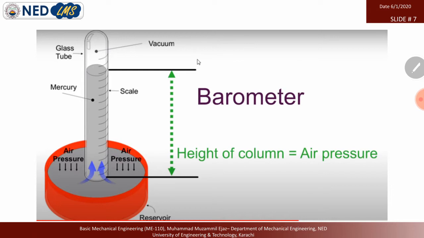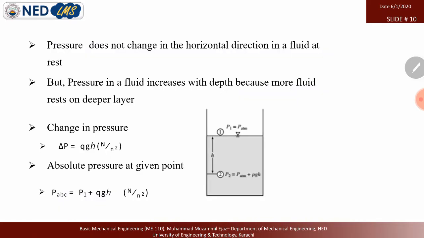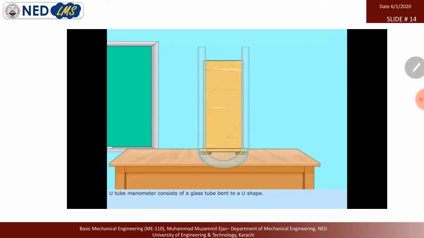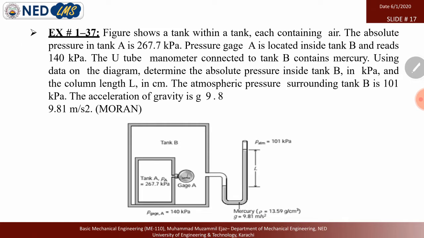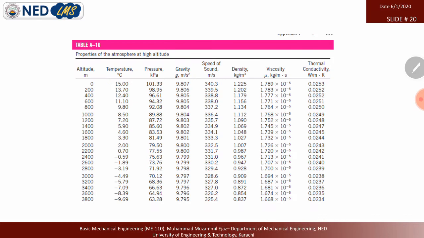Let's say the barometer of the plane shows a reading of 0.87 atmospheric; we can correlate this pressure with the ASI index and get the height of the plane. In this way a barometer can also be used to measure the height of a plane or building. This is the table of the ASI index, table A-16, in the Thermodynamics: An Engineering Approach by Cengel book. You can go and see the table there too.